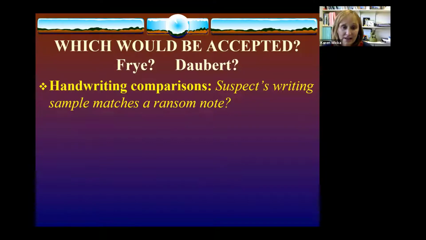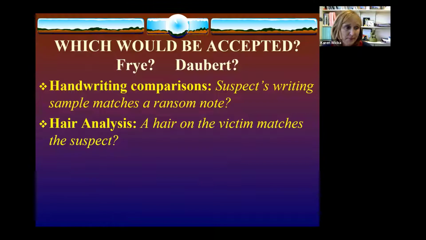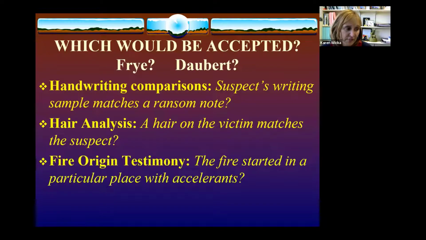Probably not a lot of support under Frye, maybe under Daubert. Hair analysis. Hair analysis has come under a lot of scrutiny, definitely not under Frye. Under Daubert, they have allowed experts to testify that there are similarities, or no, they're not even allowed to say similarities anymore. They can say it's consistent with a person's hair, but that's it. You can't go any further.